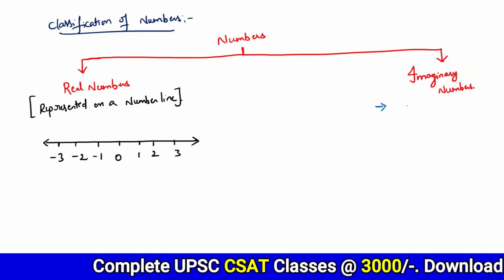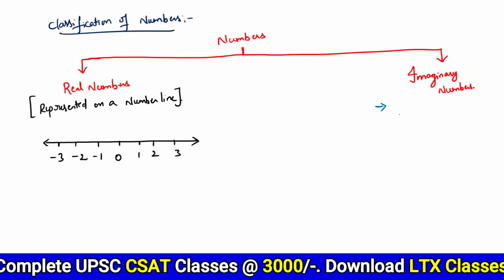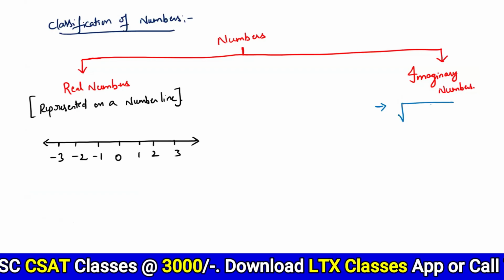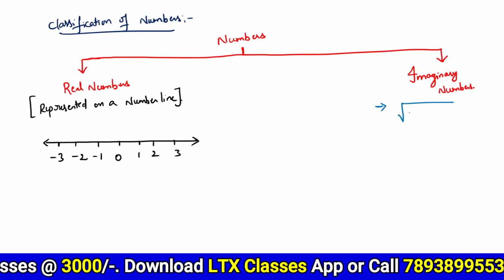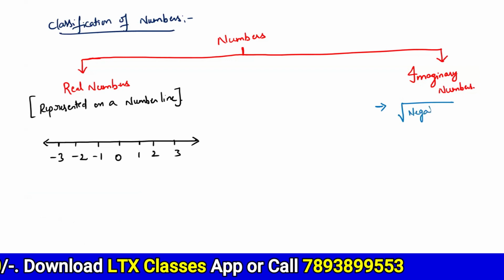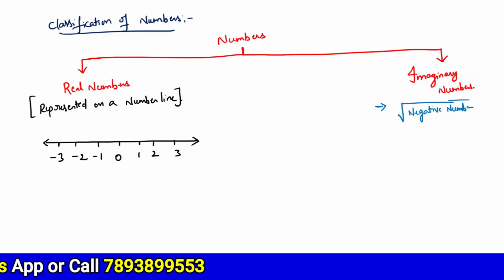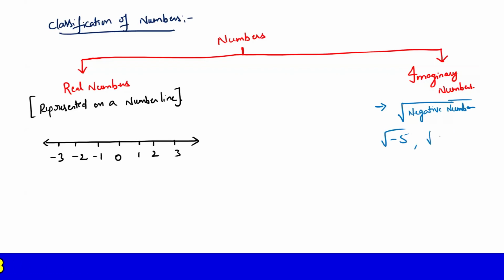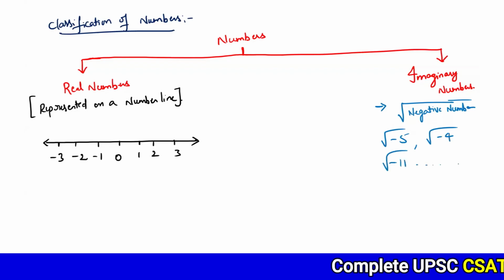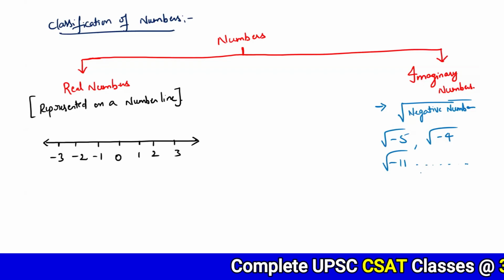You guys are saying that i square is equal to -1. Fine. The square root of any negative number will be called an imaginary number, like root over -5, root over -4, root over -11. All these will be considered as imaginary numbers.